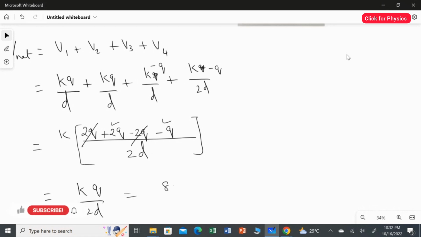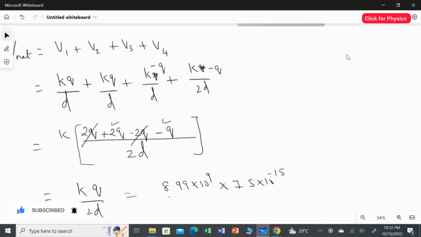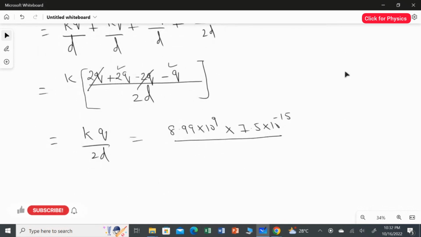K value is 8.99 multiplied by 10 to the power of 9. Charge value 7.5 femtocoulomb, 7.5 multiplied by 10 to the power of minus 15, divided by 2 multiplied by D, and the D value is already given in the question. What's the value of D? The D value is 1.6 centimeter. Am I right?